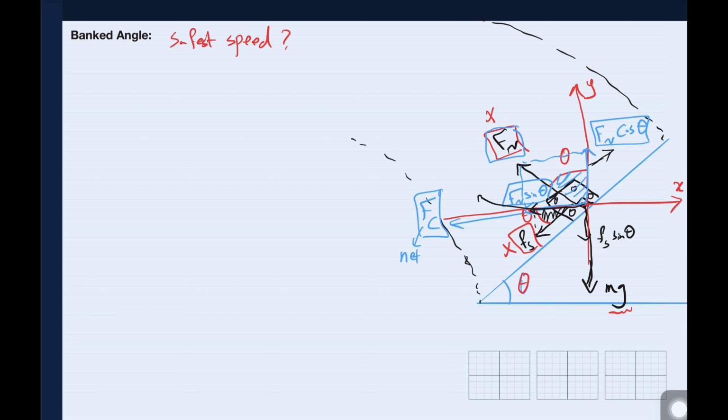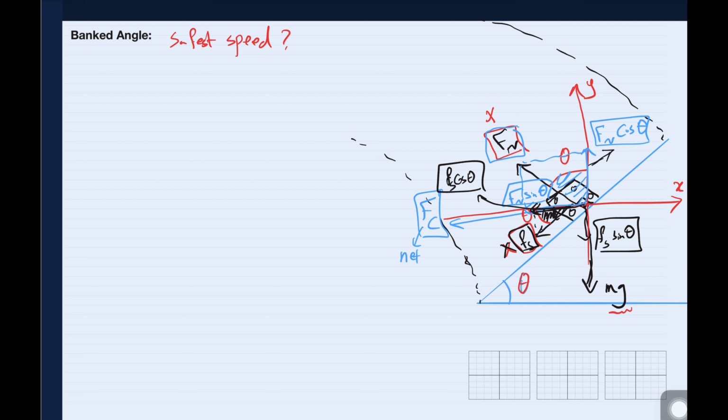However, this one is going to be Fs cosine theta. Why? Because this length is attached to this angle. Then I don't need this Fs anymore, because I'm using equivalent vectors, which are Fs sine theta and Fs cosine theta.